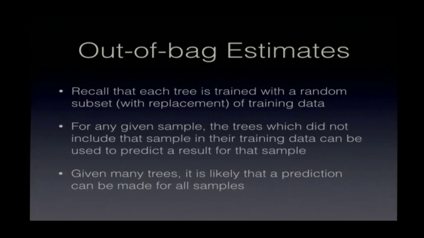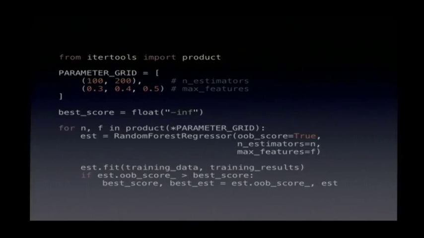And how could we use that to optimize our parameters? Well, here's some code to do it. I've got just a list here of the different values for our parameters. So we'll try 100 and 200 trees, and we'll try 0.3, 0.4, and 0.5 as the percentage of the number of features to use at each split.